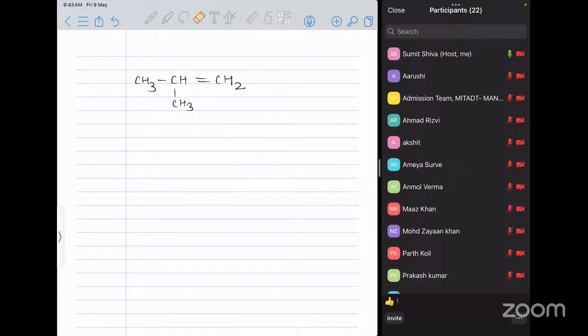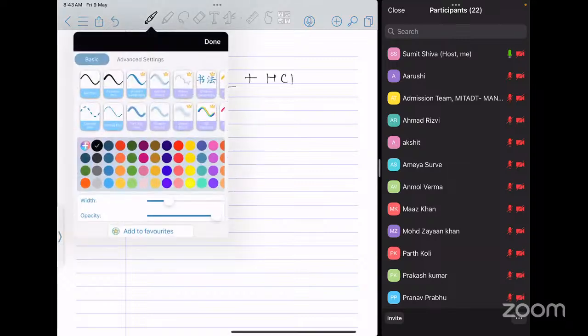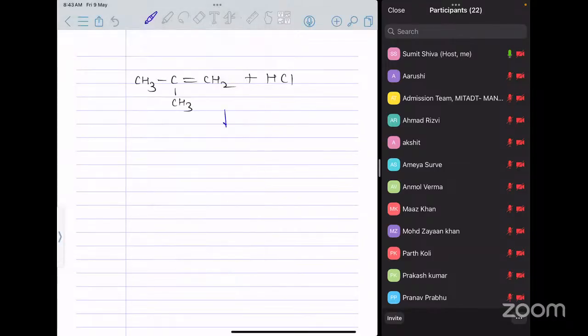This is another example. Let me write it as double bond CH2 treated with HCl. What will be the product? So this will be CH3 C CH3 Cl CH3, or another case is CH3 CH3 and CH2Cl.